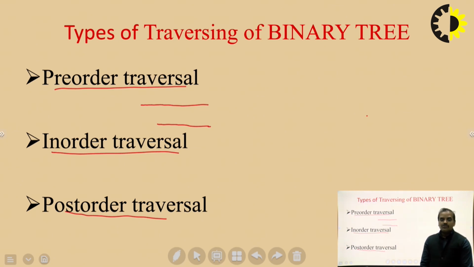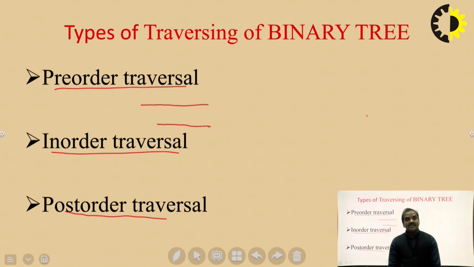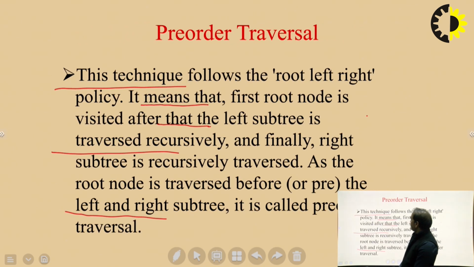In case of post-order traversal, we have to process the left subtree, then the right subtree, then the root. This name is according to the traversing of the root. Pre-order means we process the root first, then left subtree, then right subtree. This is the case of pre-order traversal.